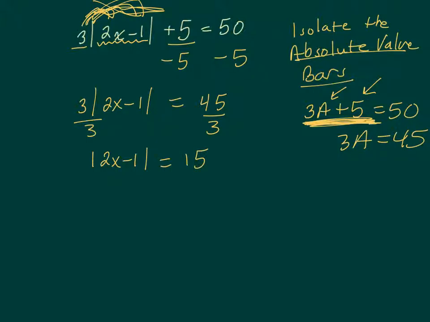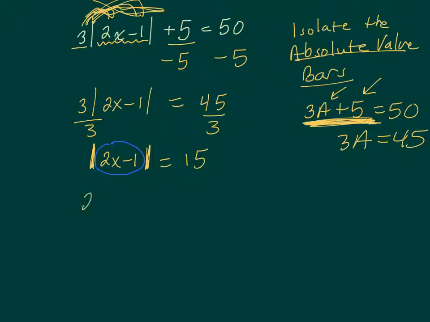Now here's where things get a little bit different. Just like before, now that the absolute value is isolated, the next thing to do is think: whatever is inside of that absolute value, its absolute value has to be 15.